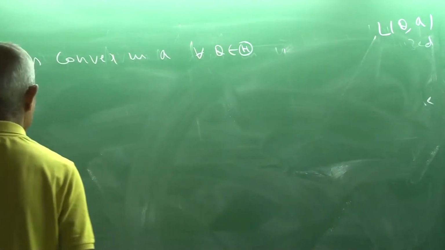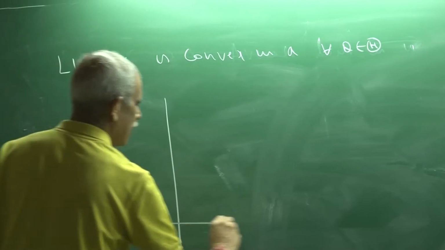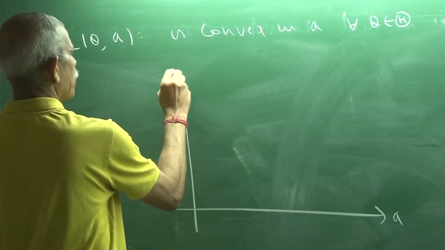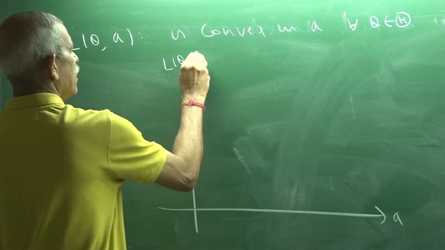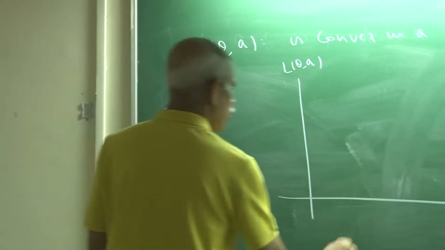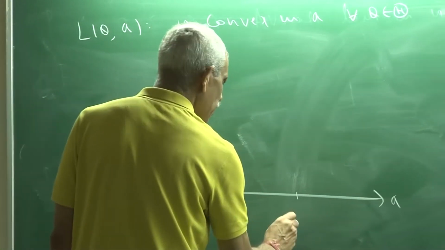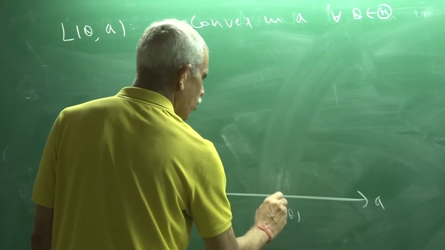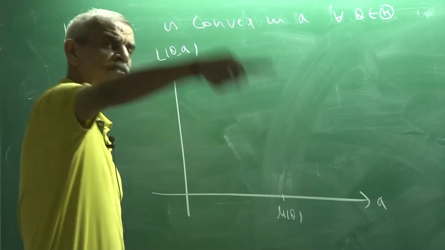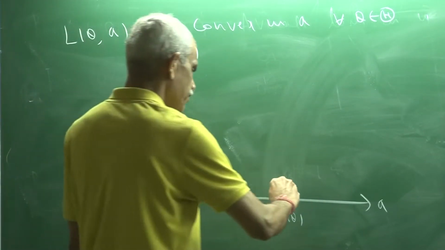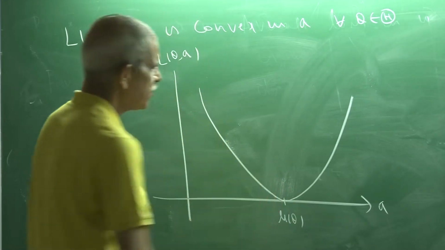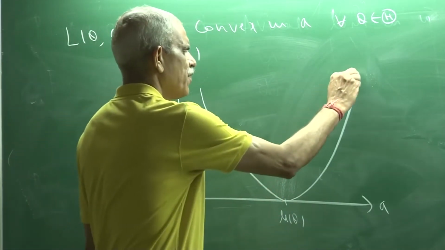I put A on the x-axis and L theta A on the y-axis. I am interested in estimating mu theta. So if my estimate is the same as mu theta, which is the true value, my loss would be 0. As my estimate moves away from mu theta, my loss would increase. So this would be like this. I would prefer a loss function of this type.